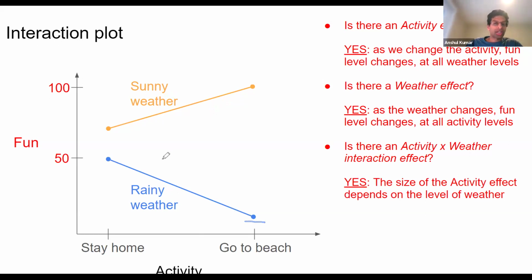The change in fun level on a sunny day, when you compare staying home to going to the beach, it goes from 70 to 100. That's +30. So those numbers are the same as from the previous slide, and we've already discussed them. So there is an activity times weather interaction effect. The size of the activity effect is not the same in both of these lines.